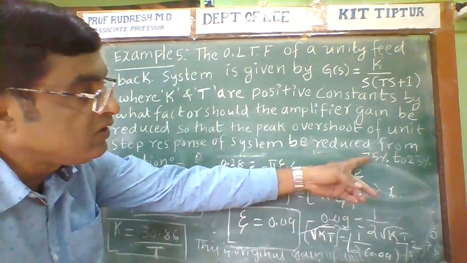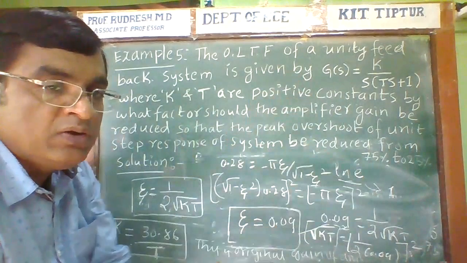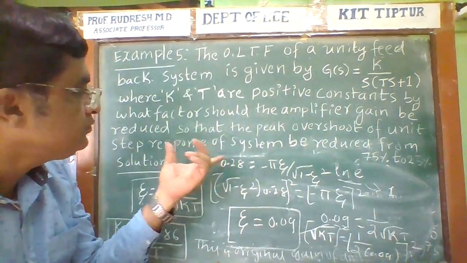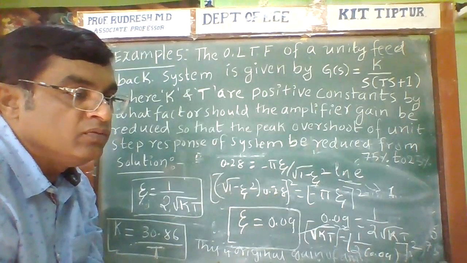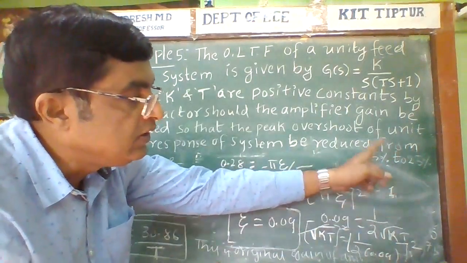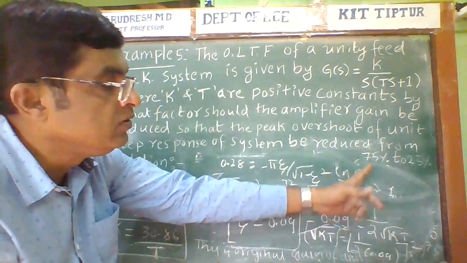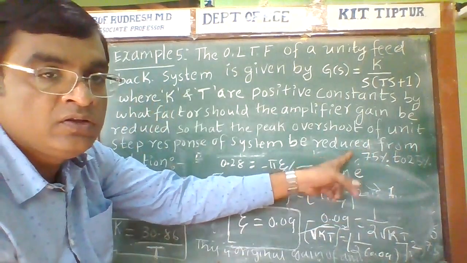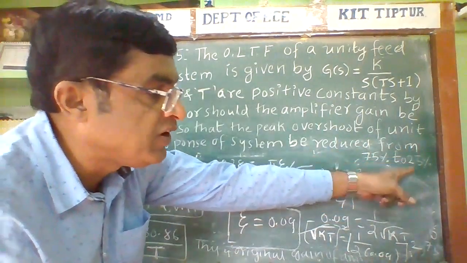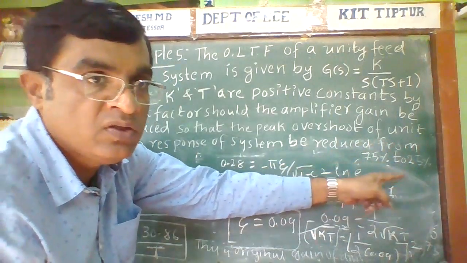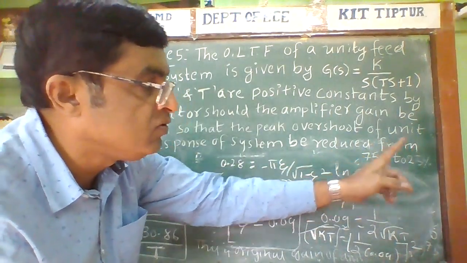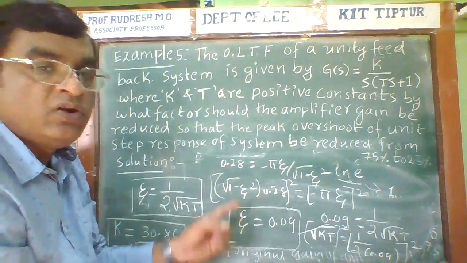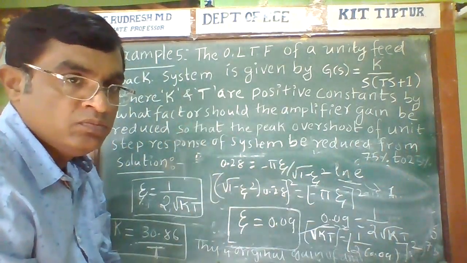But I ask you to find out what will be the new gain when the MP value is reduced from 75% to 25%. Then what will be the new gain?